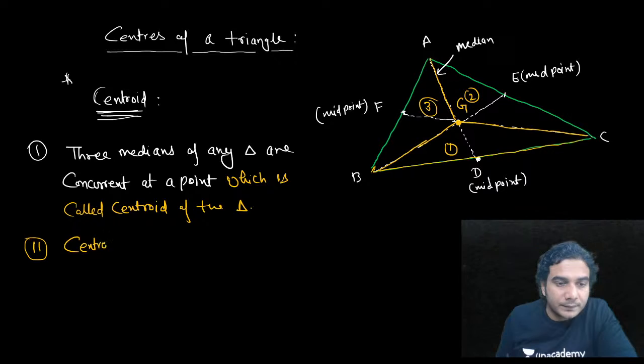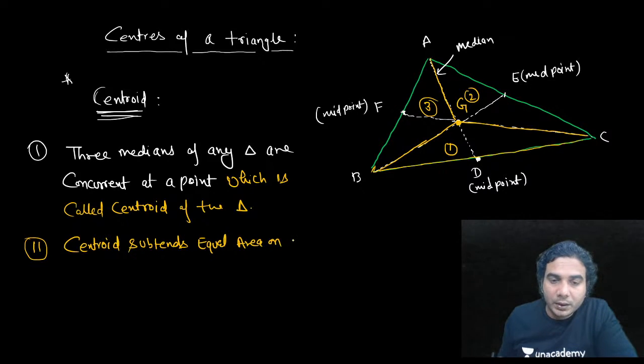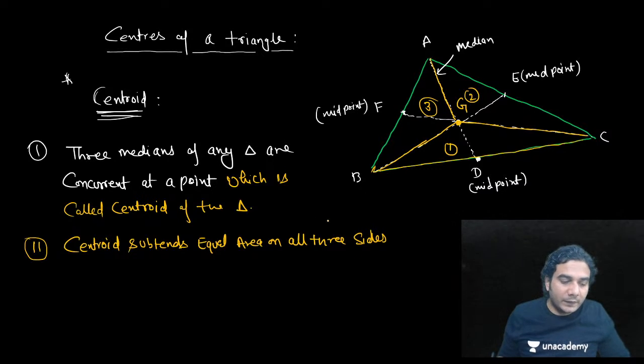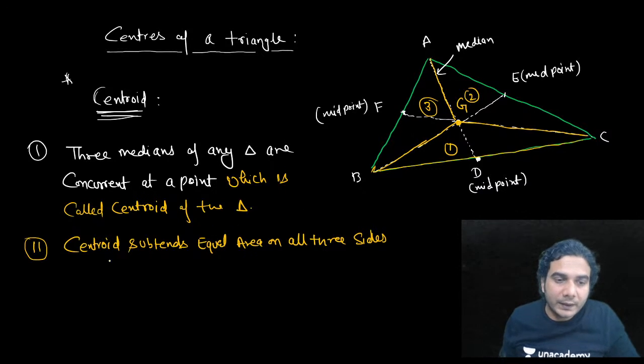So I'll write this point: centroid subtends equal area on all three sides. That means if you join centroid with the corners of the sides, it will form triangles, and these triangles will have equal area.